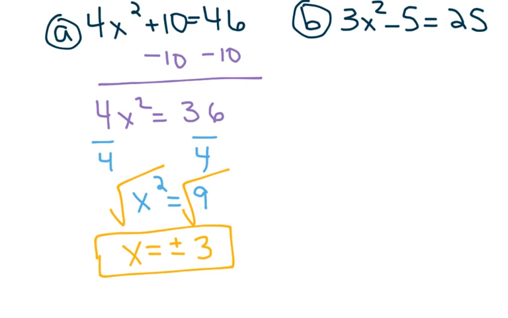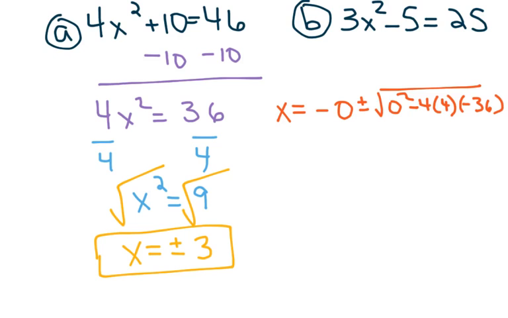The reason that happens is if you go back and look at the quadratic equation, x equals the opposite of b plus or minus the square root of b squared minus 4ac, all over 2a. By the way, c would be negative 36 if you put this in standard form.